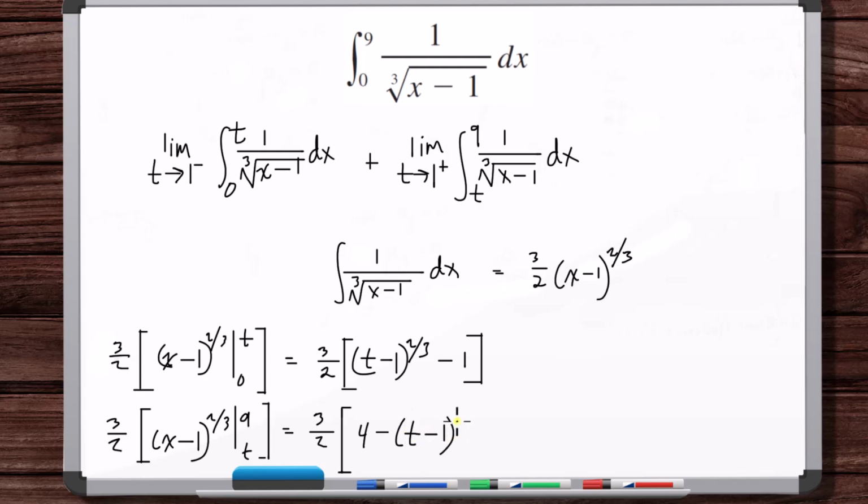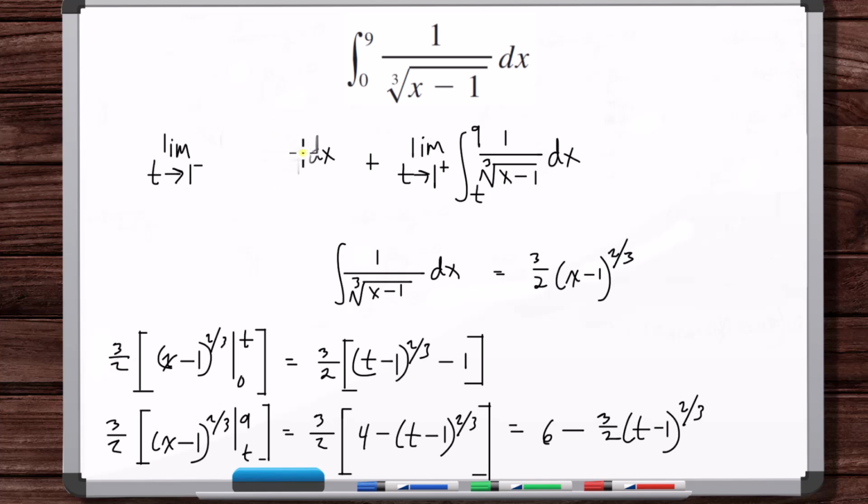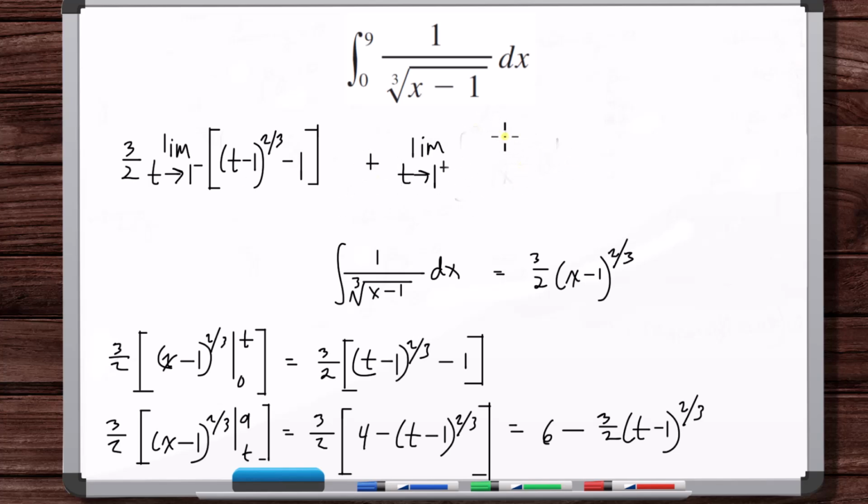And then, so 6 minus, okay, so we've got, and then here, all right, as t approaches 1 from the right, this goes to 0.